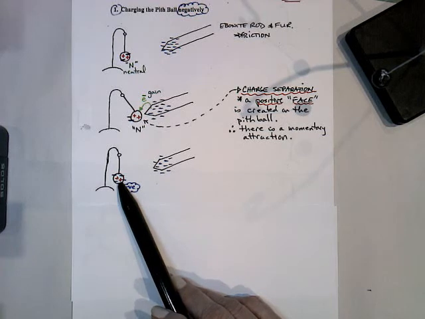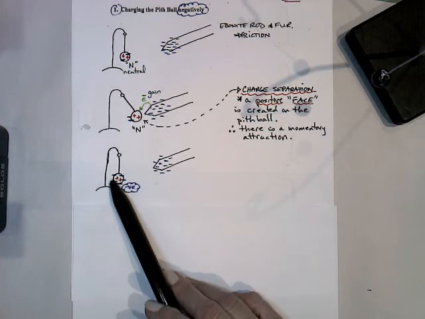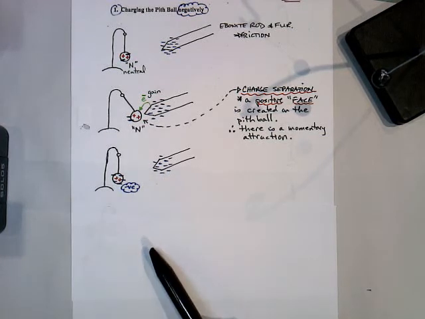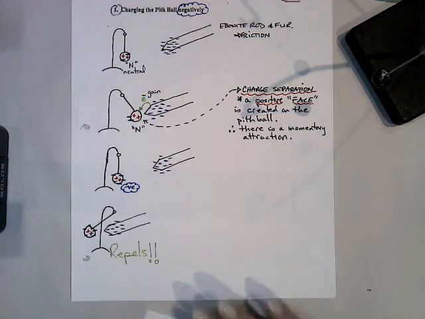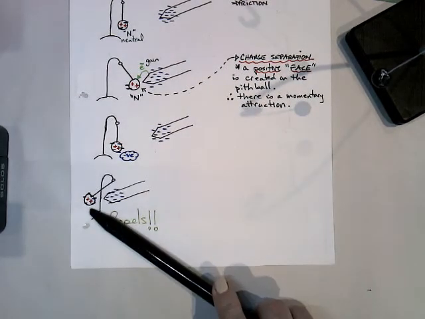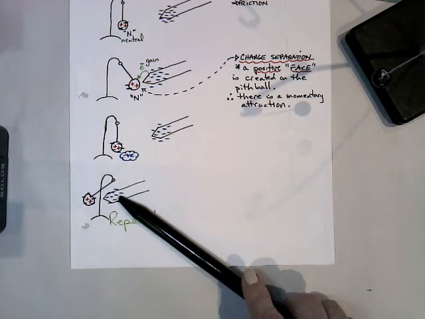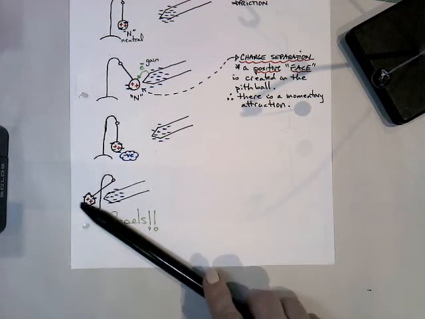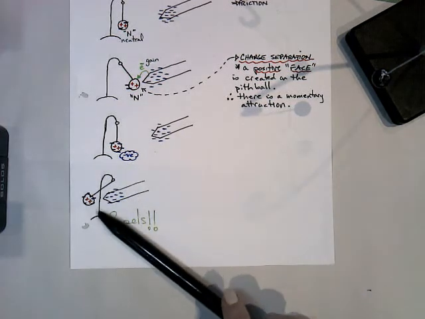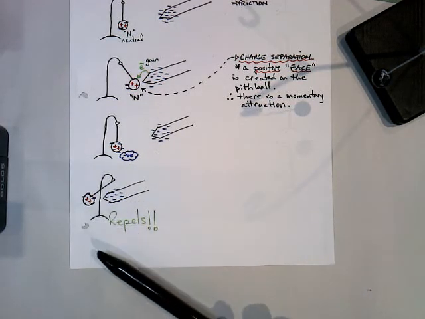Positives are locked in a nucleus, but you've picked up negatives. And so here's your negative rod. When you bring that negative rod back, this time the pith ball is repelled, because there are so many negatives here and so many negatives here, they really just can't get away like they could up here. And so you get a repulsion.